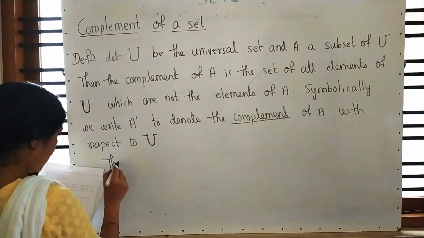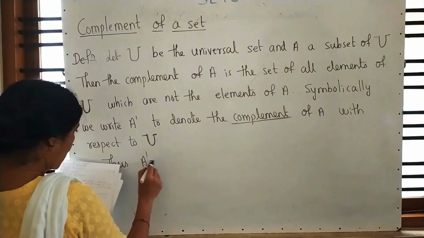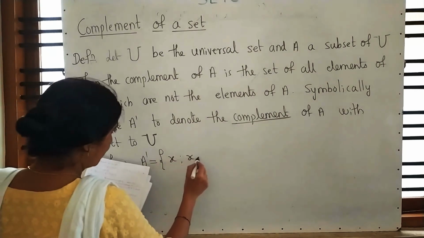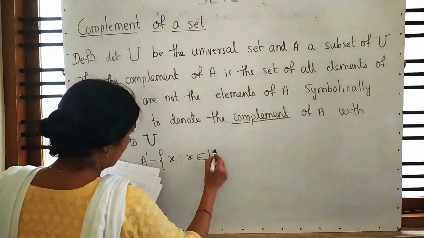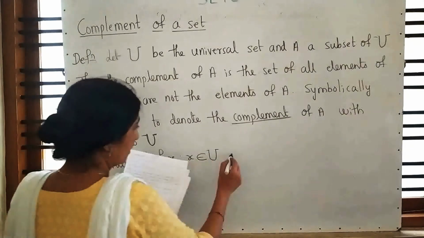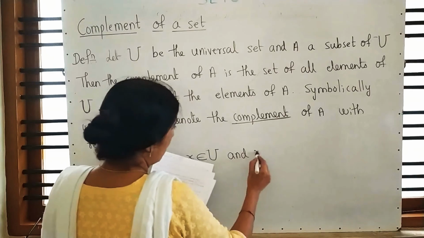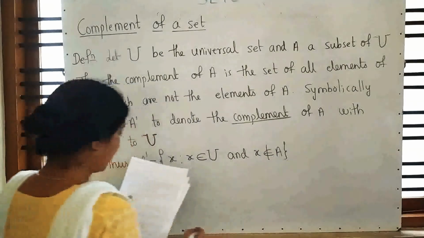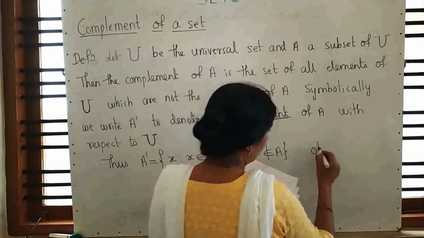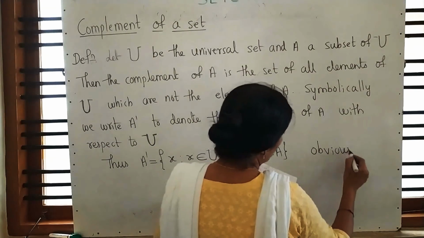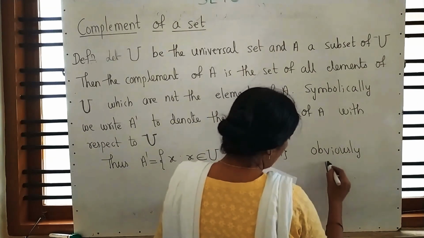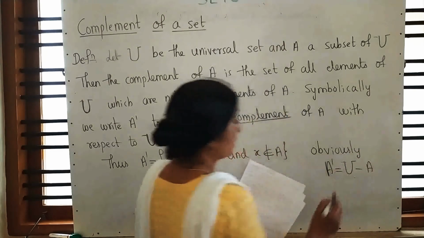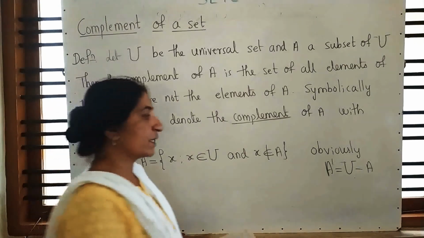Thus, the complement set is like this: x such that x belongs to the universal set and x does not belong to A. Obviously, A complement is a difference between the universal set and the set A. Remember, this is very important.